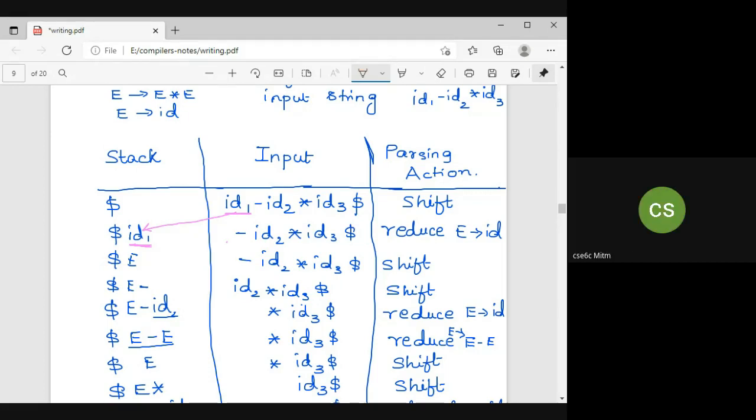Did you understand the procedure? Yes, ma'am. What type of parsing are we studying? Bottom up parser.